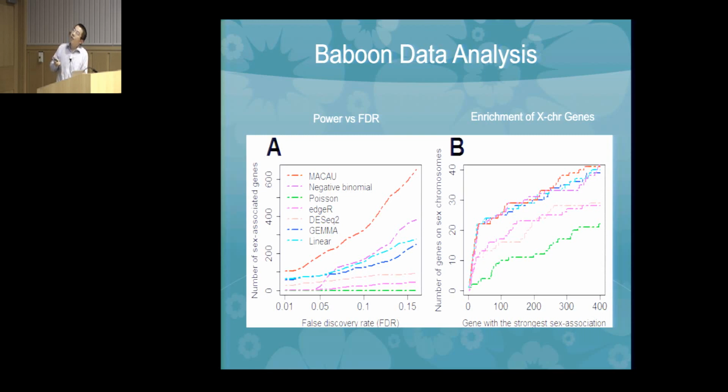In fact, at a false discovery rate of 10%, our method gives 50% more power compared with the next best approach, which is a negative binomial model. And compared with the standard approaches, say edgeR and DESeq, those are sitting over here, consistent with our simulations. It doesn't really give you much power if you use edgeR and DESeq to analyze your data. So this is the Baboon data.